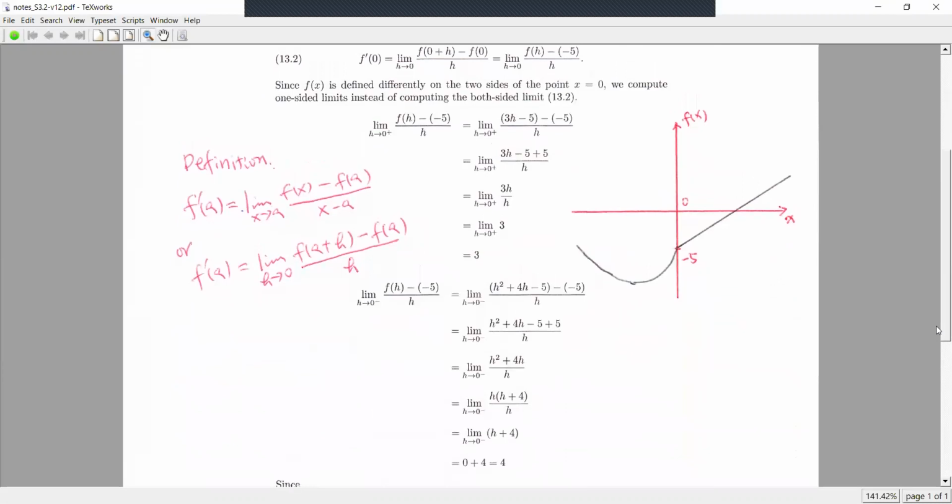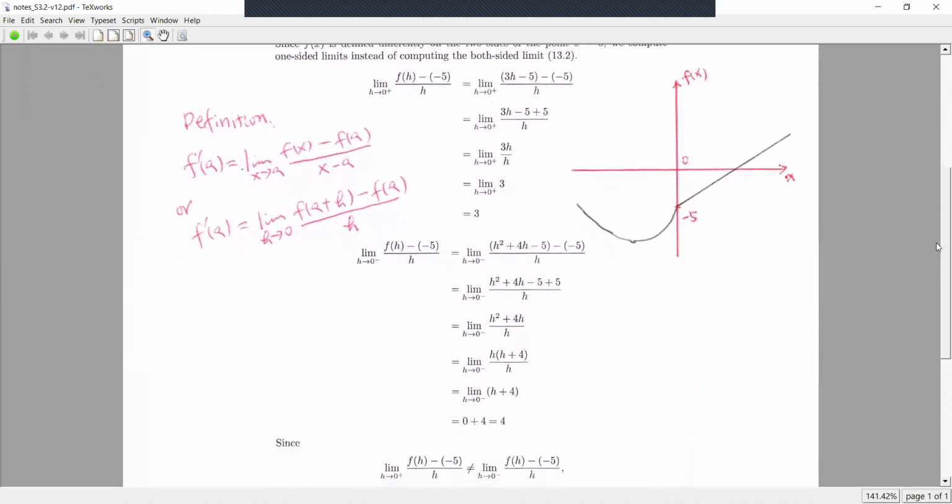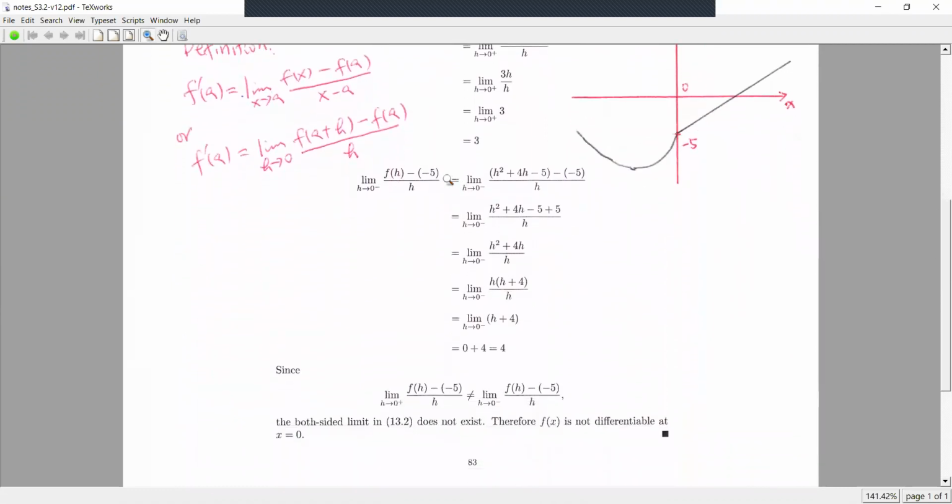Now, left-hand side limit. For h approaches 0 from the left, h is less than 0. When h is less than 0, f of h is h squared minus 4h minus 5. So I have this equation. Now simplify the numerator. Minus 5, plus 5.